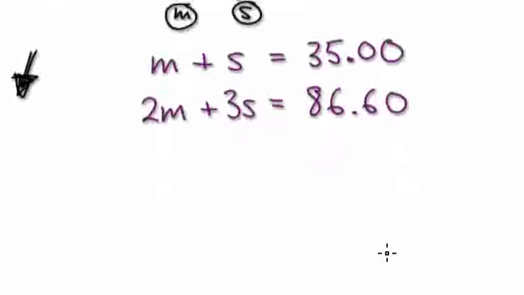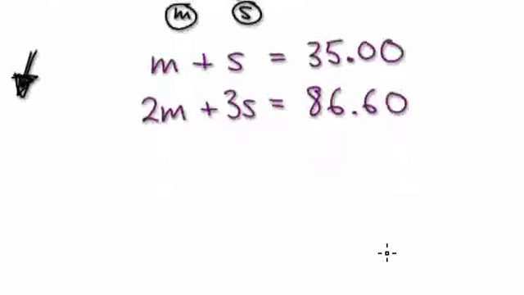Look at this. We can kill off the M here and the M here. So let's take this equation away from this equation. So this will be just S. S equals 86.6 take away 70, which is 16.60.